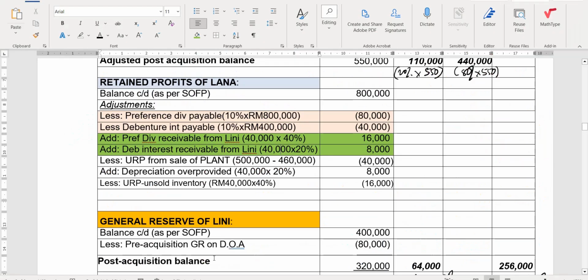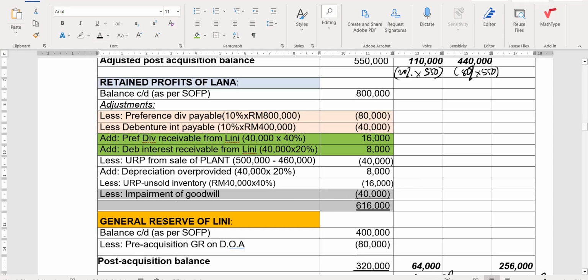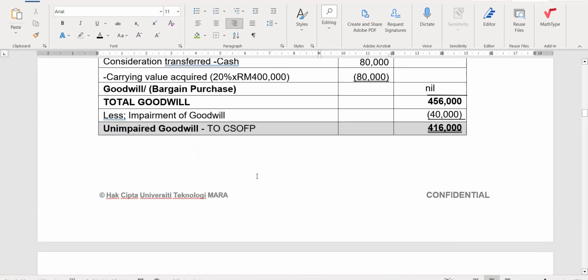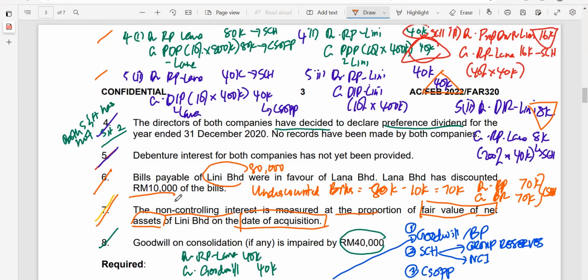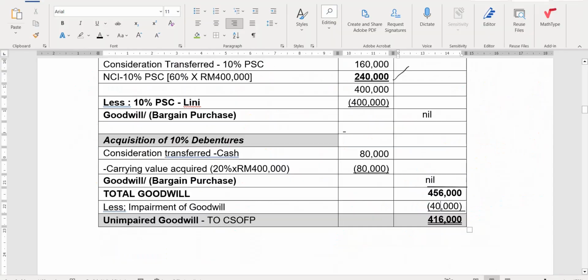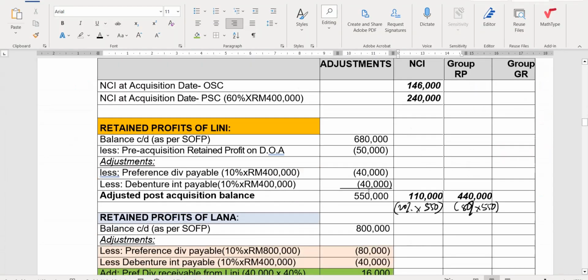And the next one is to complete the calculation of the impairment of goodwill that we earlier did. Remember, there was an impairment of goodwill from this calculation, where I have also done the journal entry here. Now we go and finish that off.